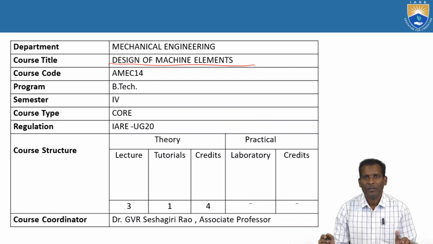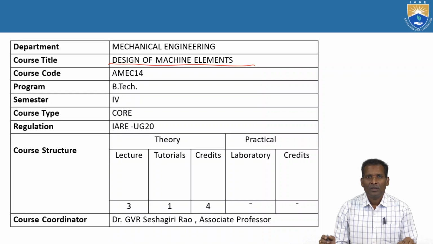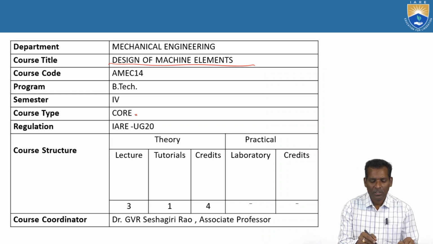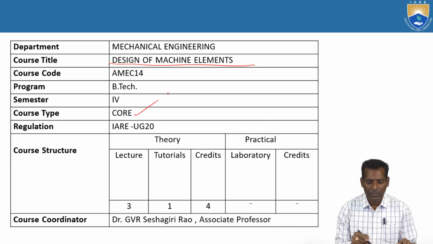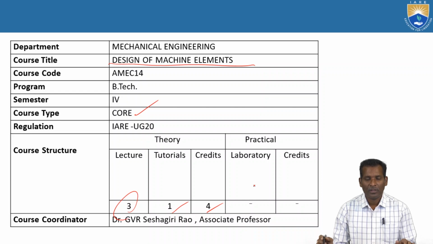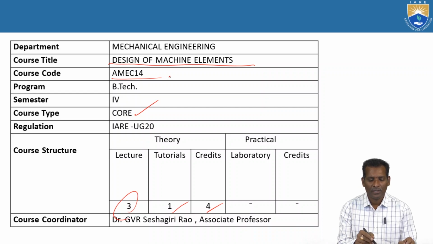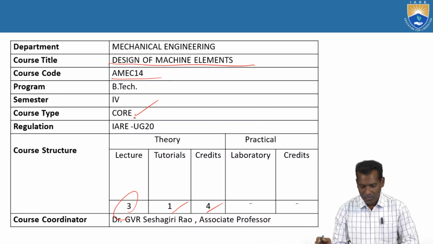Now, how to apply OB education to our subject. This is a core subject. The number of lectures is 3, one tutorial, and credits 4. Like this, we will define the subject and the course code. This is for the 4th semester.